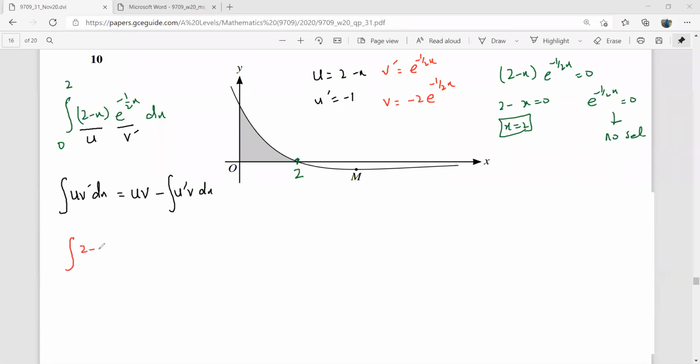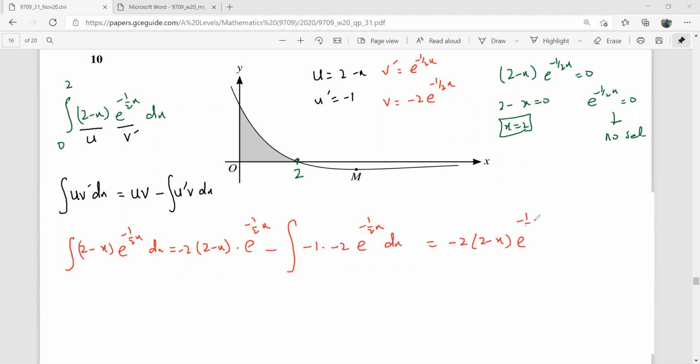So the integral of 2 minus x times e raised to power minus half x is going to be 2 minus x into e raised to power minus half x into minus 2, minus, this is minus 1 for the u dash, and then minus 2 e raised to power minus half x dx. Let's write this again: minus 2 into 2 minus x e raised to power minus half x.